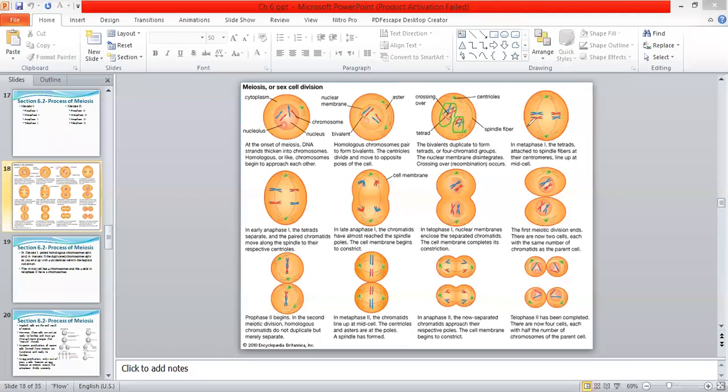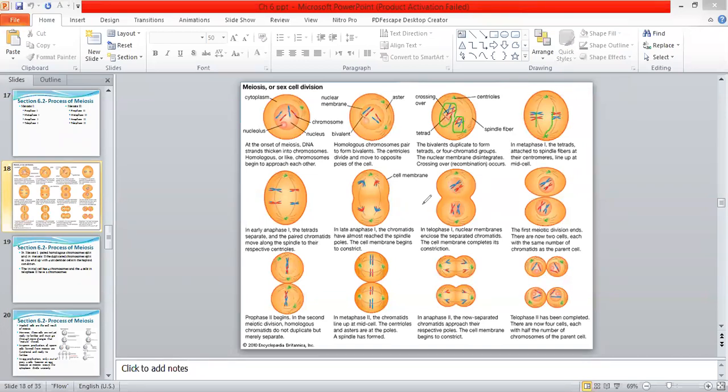Then in metaphase 1, the spindle fibers pull the chromosomes to the middle from their centromeres. So they form one row formed from the homologous chromosomes, and they are called tetrads because they are four.